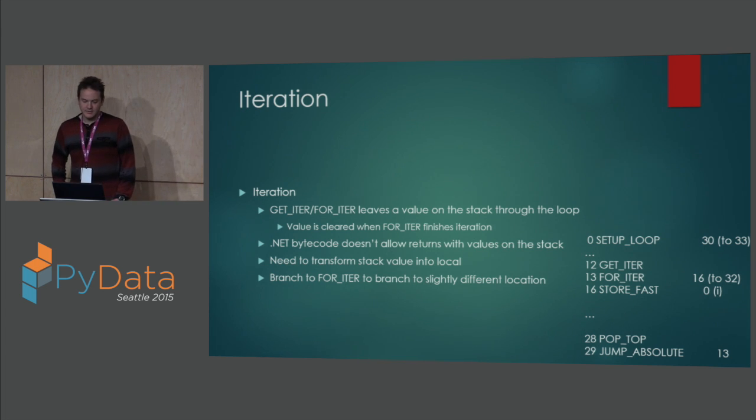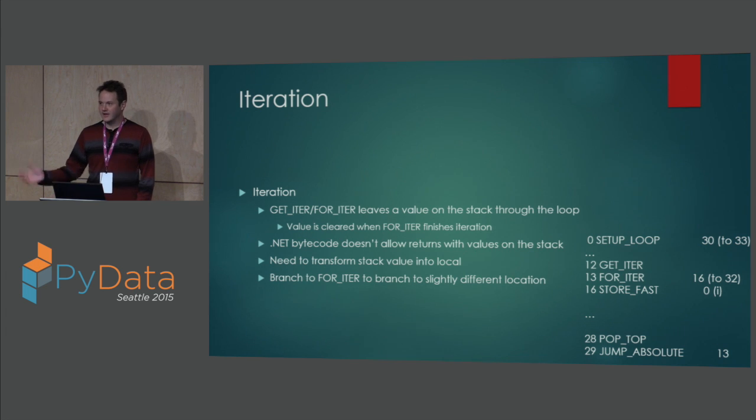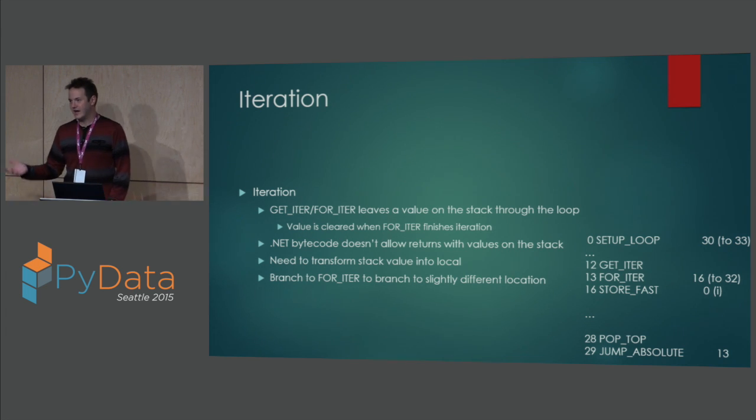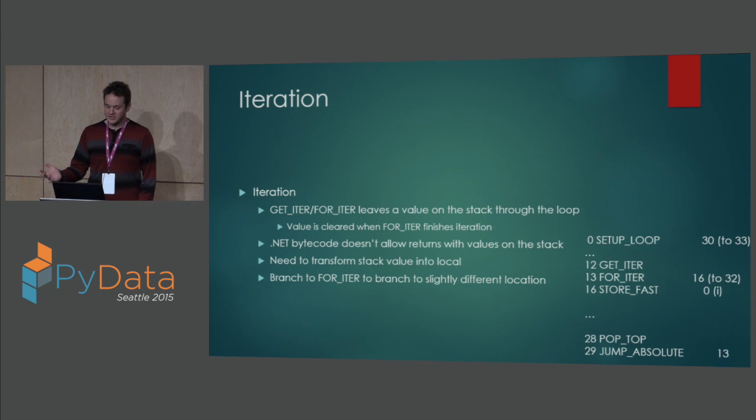And so in a lot of cases, we have things like this jump absolute opcode. And for every opcode, we have a label that we define for IL. And if we need to jump to it, we jump to the spot where that label is. With for iter, we actually have to get that value off the stack. And so we store it into a local.